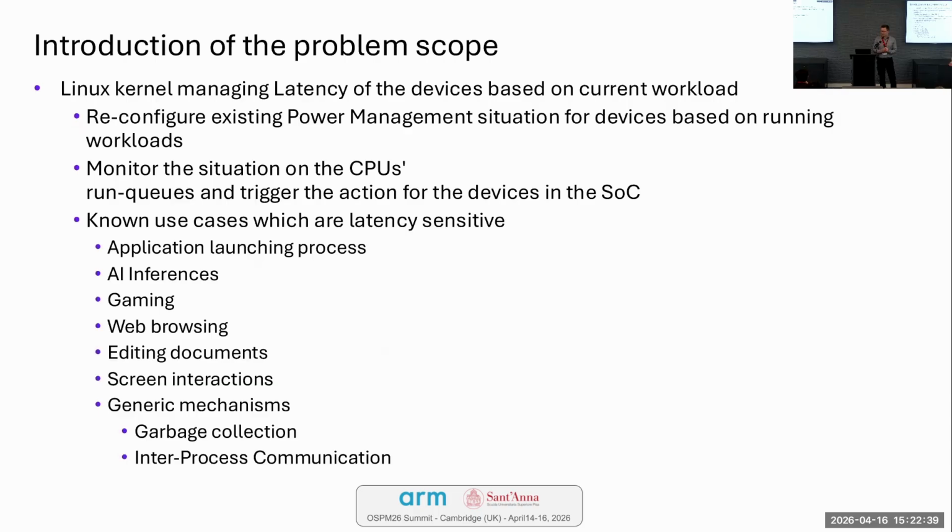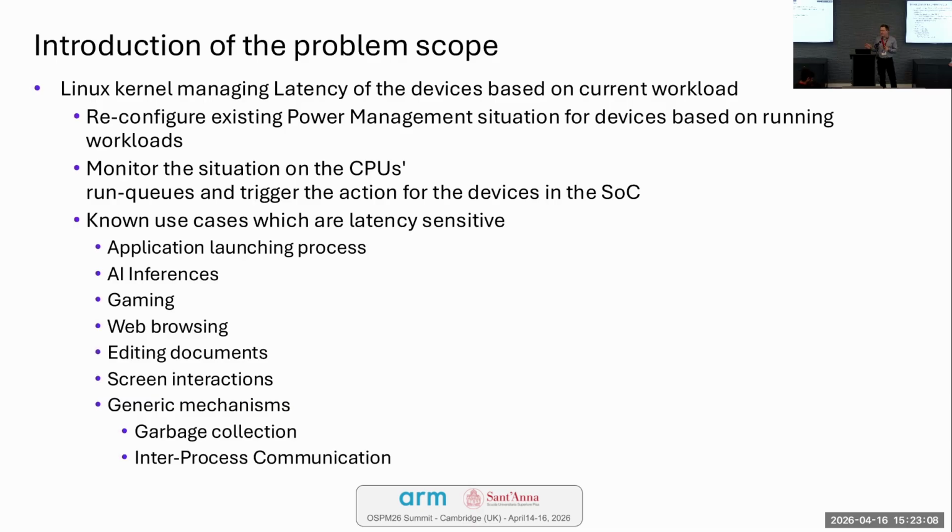So this is the introduction of the problem scope. We have basically talked quite a lot about the latency issues with different vendors and OEMs, and we also discussed this in recent days. It's quite common that engineers and users experience some issues when they start interacting with the hardware.